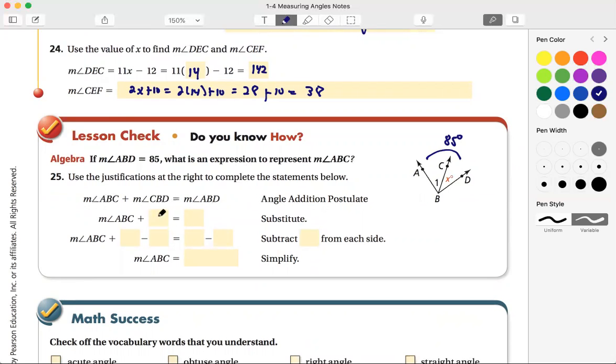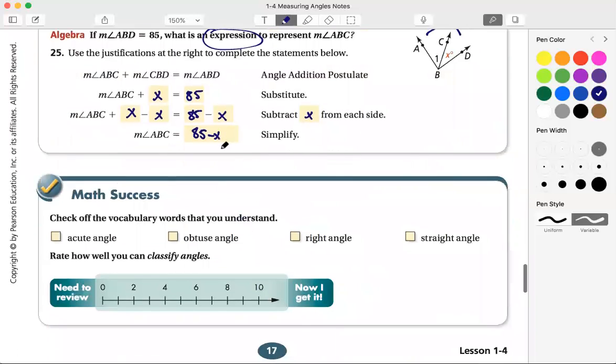CBD is x, ABD is 85. I'm going to subtract what from both sides? I think I'm going to subtract x from both sides. All right. So simplifying, I have 85 minus x is my expression. So this is an expression for angle ABC. All right, and that is section 1.4.